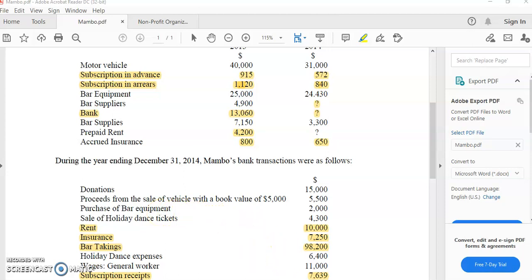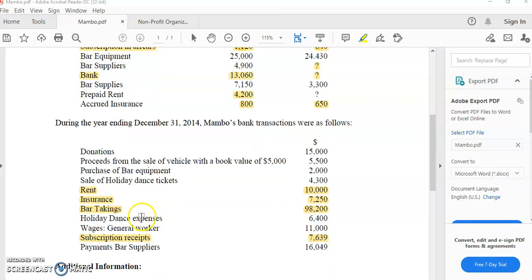And the other things that we need to calculate as well is that we know that during the year, they sold some dance tickets and they also had a dance expense. So we're going to find out whether they made a profit or loss from this activity called dance.